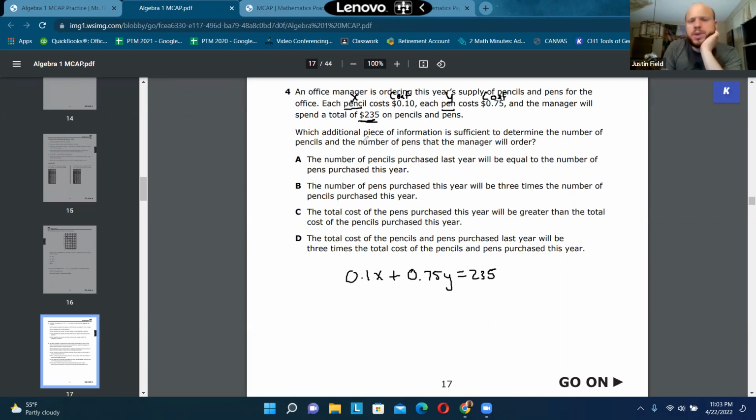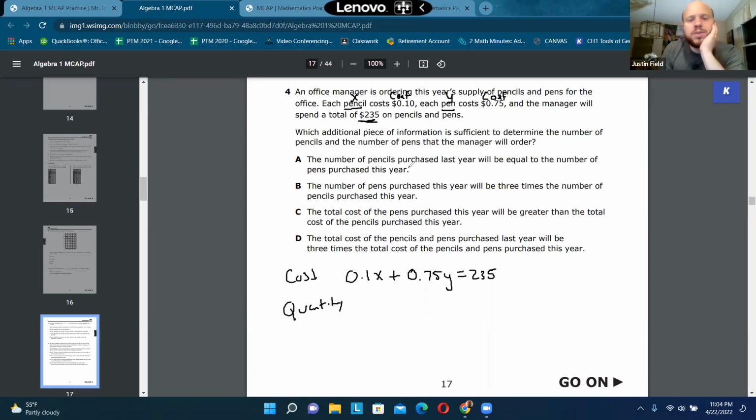Which additional piece of information is sufficient to determine the number of pencils and pens? Okay, so this is about cost, but we probably would need to know something about the quantity. So let's see which choice best fits that.